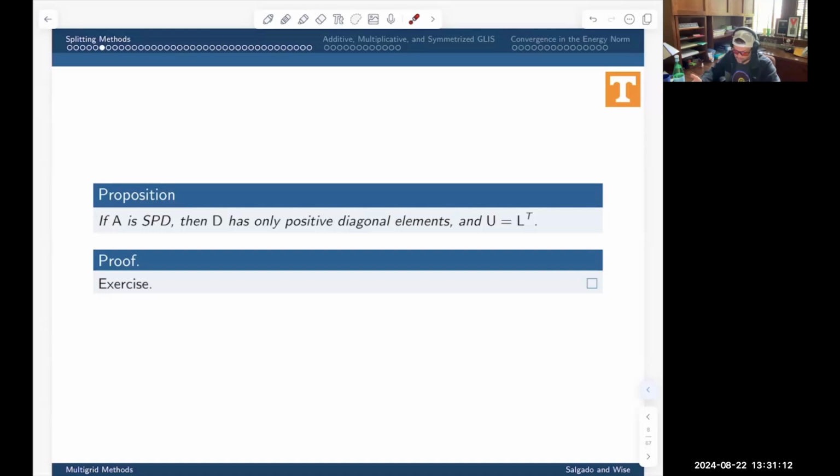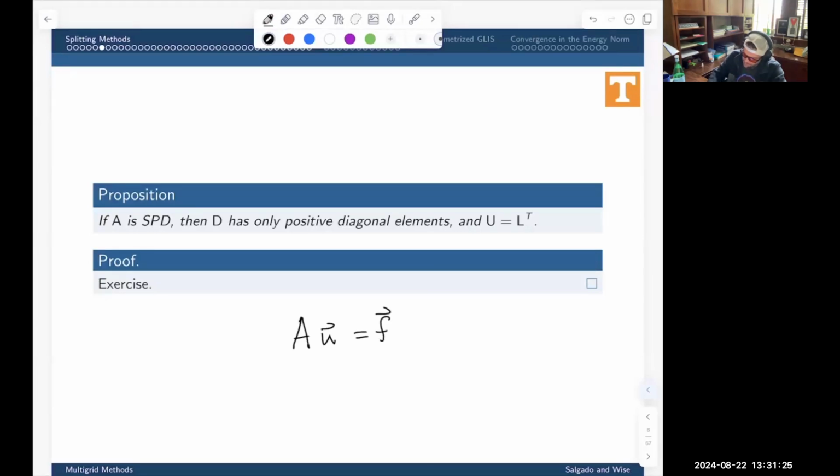Now we are going to be dealing with coefficient matrices. Remember the problem that we're trying to solve is always A times U equals F, where A is the coefficient matrix, F is the forcing term or forcing vector, which is given, and U is the vector of unknowns.